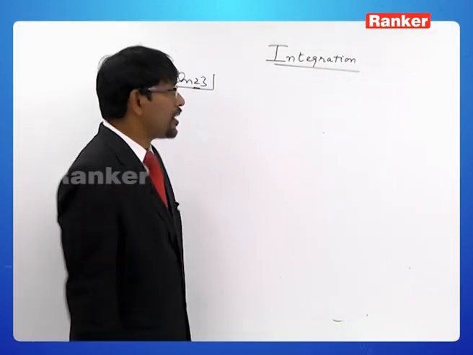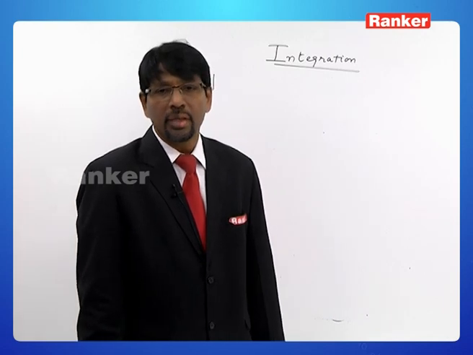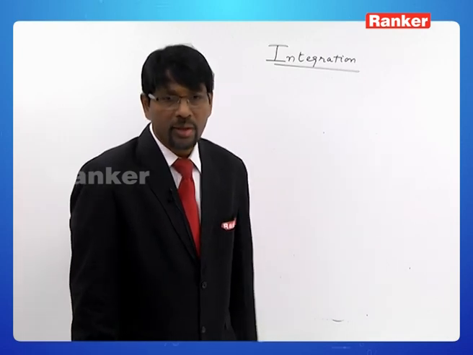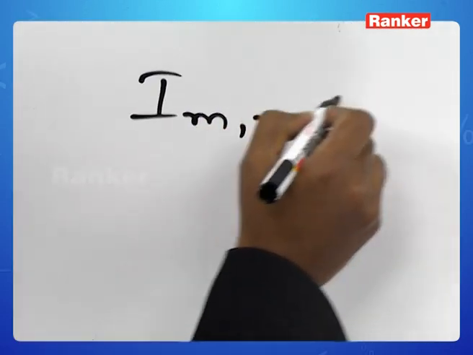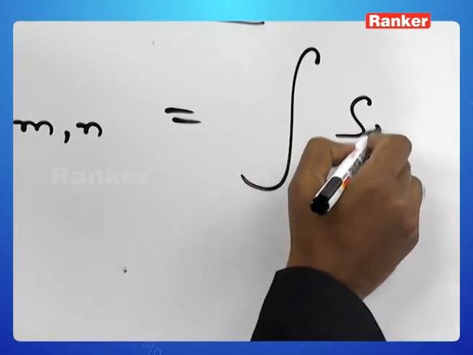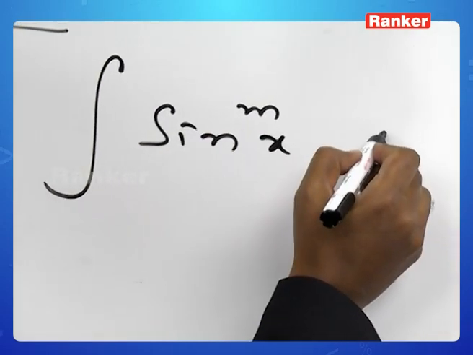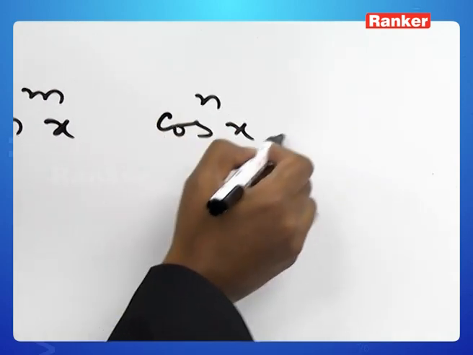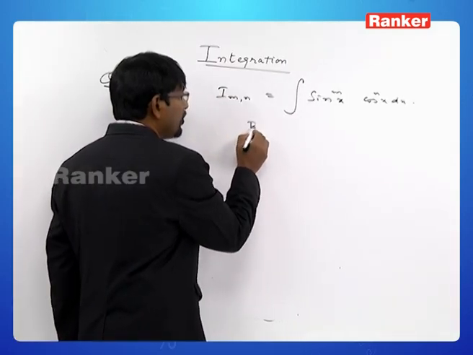So in all the cases, it appears that we have to write I 5 comma 4 in terms of I 3 comma 4. So let's see, we have to reduce this integral I m n, sin x power m into cos x power n dx. If you observe, we had to write I 5 comma 4.